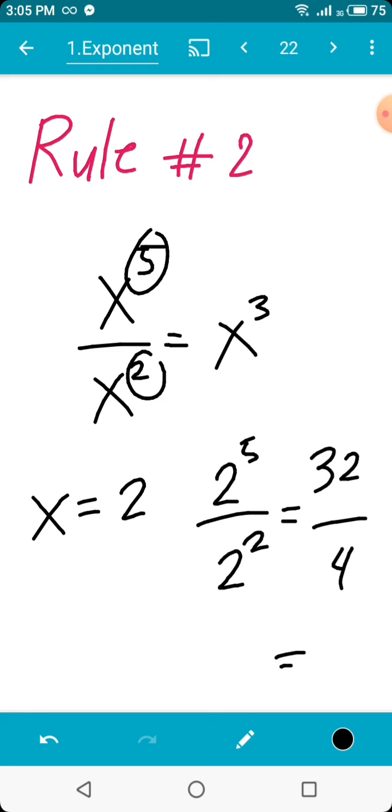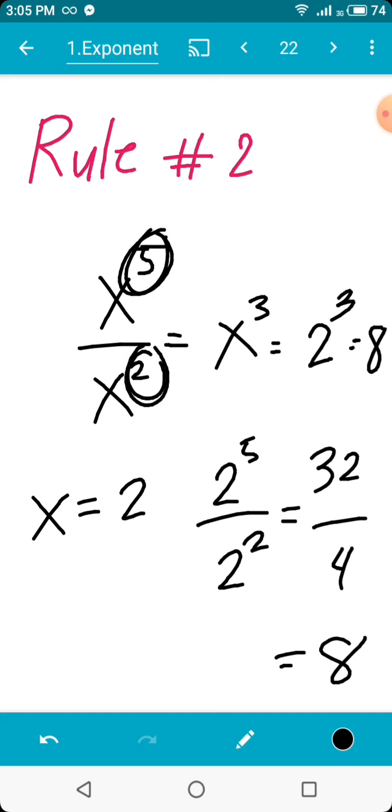So, the answer, 32 divided by 4, that's 8. And diba, pag sinubstitute natin yung 2 sa x dito, it will become 2 cubed, and the answer for that is 8. Okay? So, that's the logic behind it kung bakit natin miniminus yung exponent nila. Okay? Para mas madali nating masolve or mas masimplify.